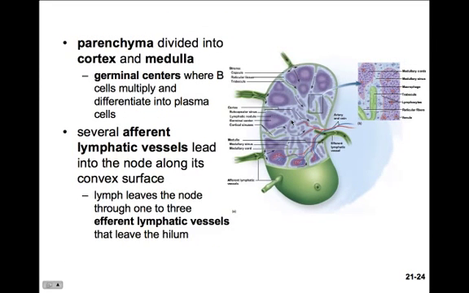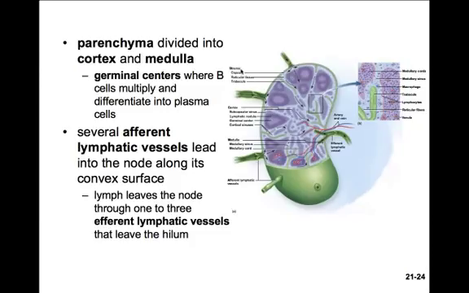The parenchyma, or the functional portion, is divided into cortex and medulla, the cortical region being this outer portion here, and the medulla region being here. The cortex is then further subdivided into nodules. Remember, nodules were dense masses of macrophages and lymphocytes.